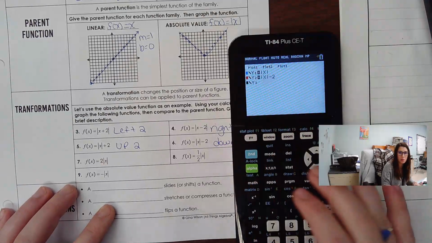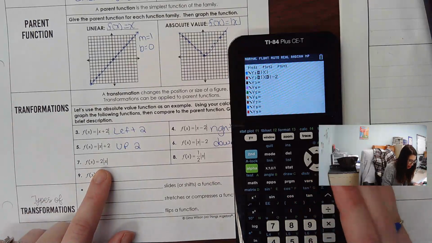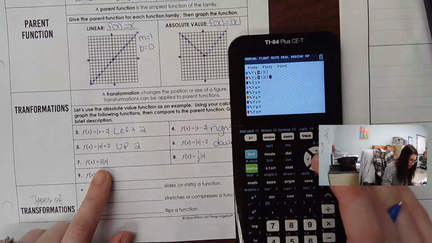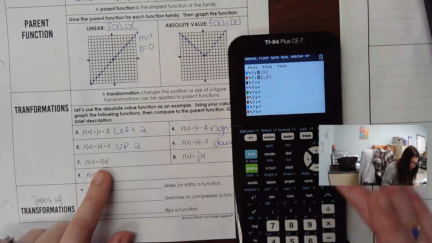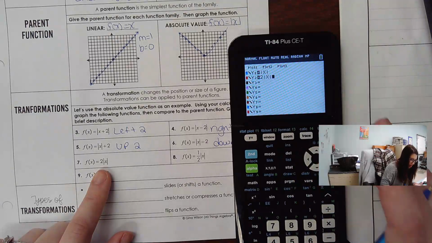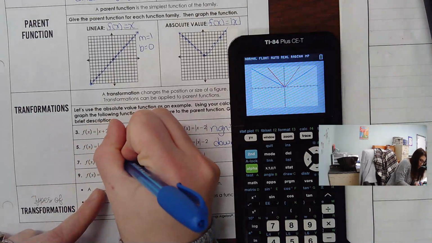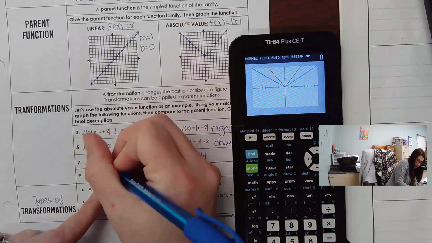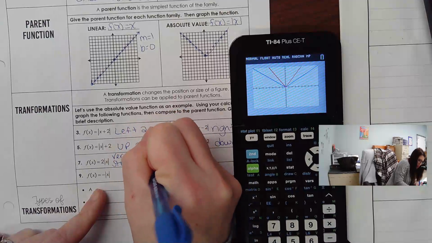So let's go back to y equals. Let's do 2 times x. So let's delete this, and let's second insert a 2 in front. And let's see what happens. Ooh, so it became skinnier, so that's a vertical stretch by 2.